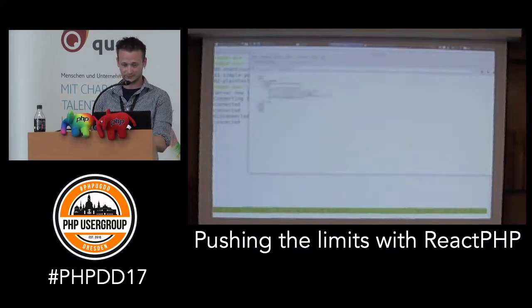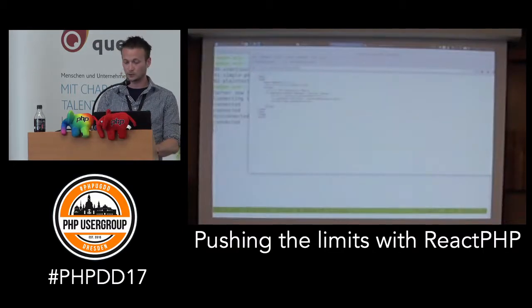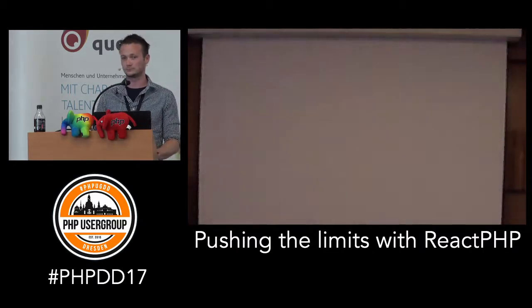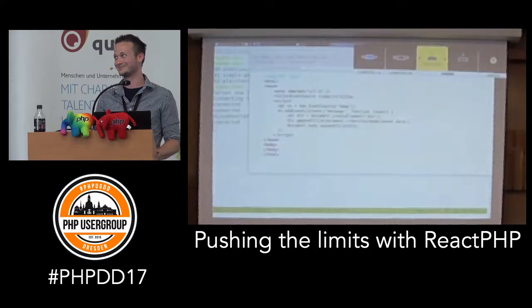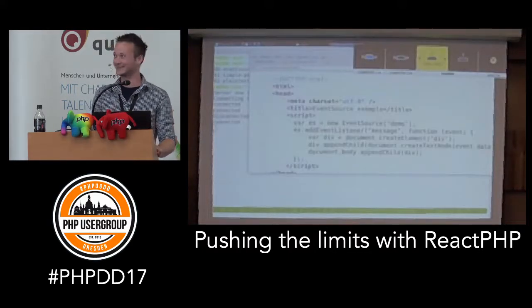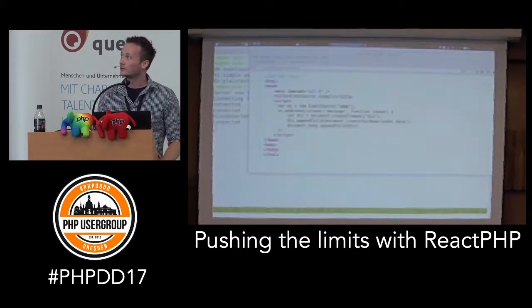Everybody's seeing this, and the cool thing about this is, you only start a new EventSource. It's a browser-based API, so you don't have to import any kind of third-party scripts. You essentially pass a URL here. In this case, it's going to be demo.